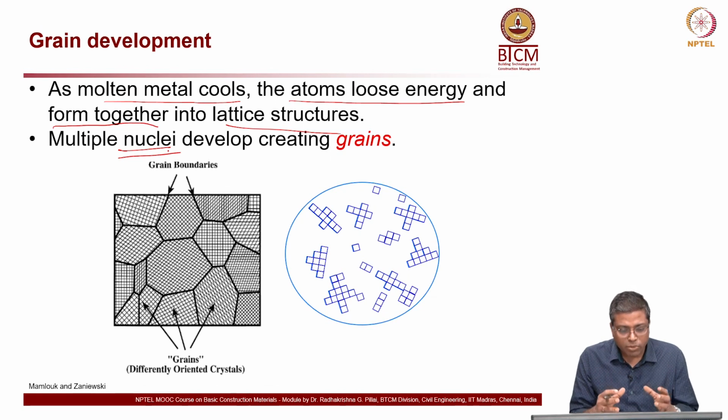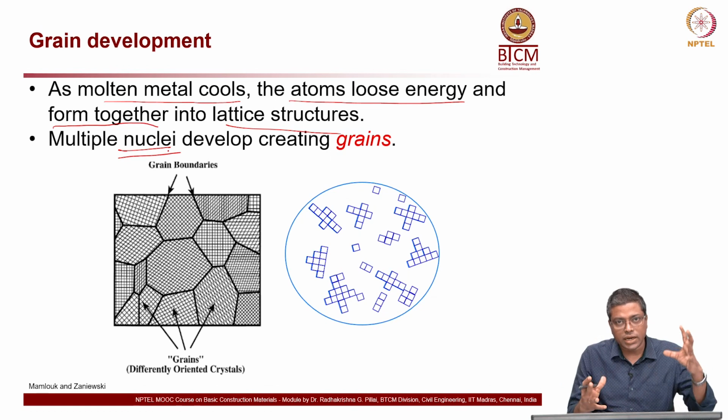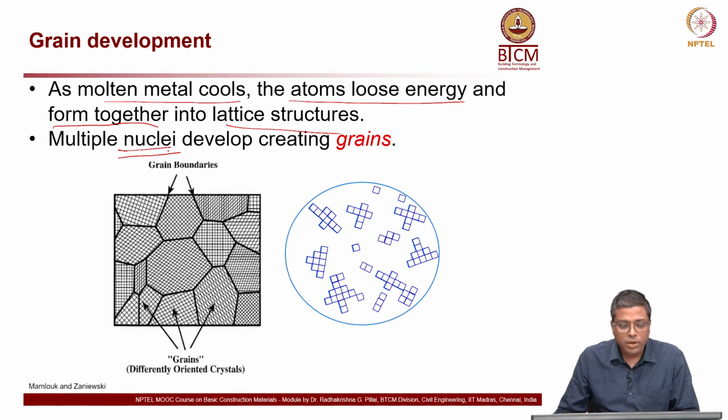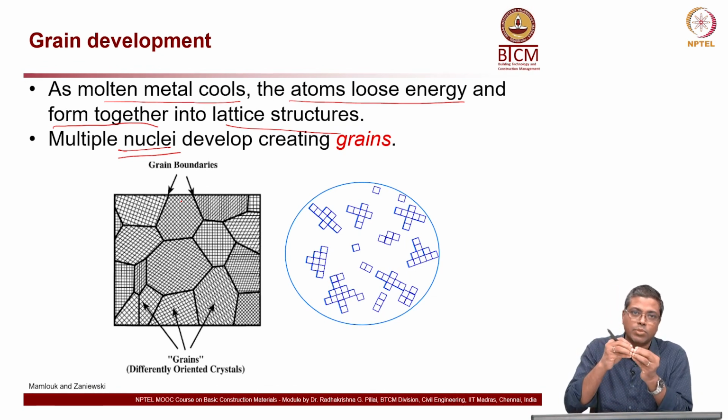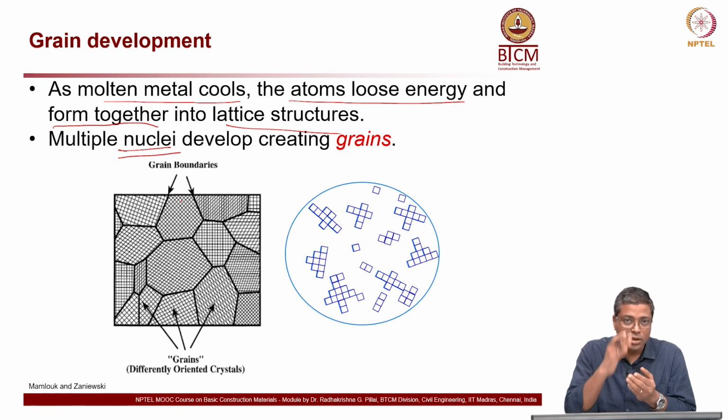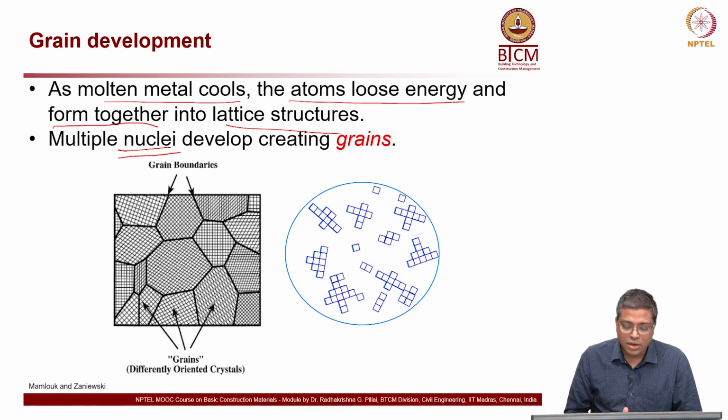Now, they start forming crystals in 3 dimensions, and so you have this 3-dimensional structure which we call grains. You can even imagine a rice bowl. You have several rice grains in it, and each rice grain will be hitting the others. That hitting place we can call the grain boundary.